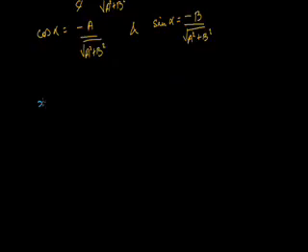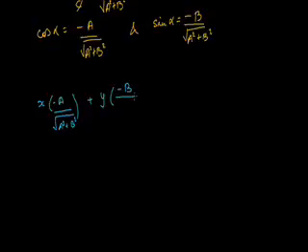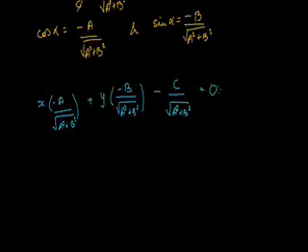We will get x cos alpha, that is equal to minus of A upon under root of A square plus B square, plus y of, substitute the value of sin alpha, that is minus B upon under root of A square plus B square, minus of C. We will substitute the value of P as well, that is equal to minus of C upon under root of A square plus B square. This all is equal to 0.